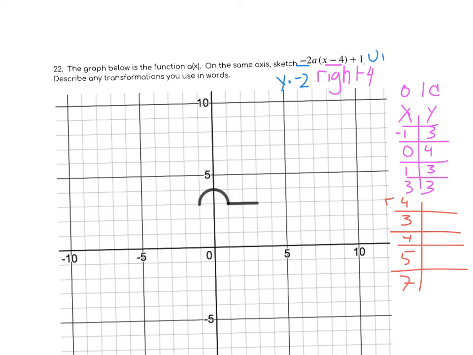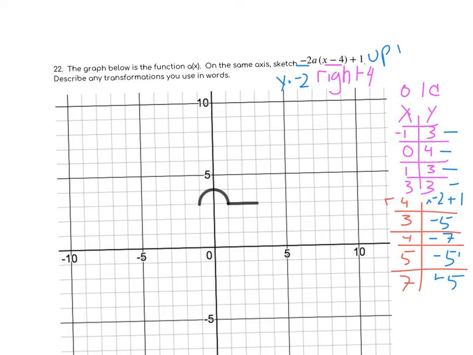And then it's also going to go up 1. So if we think about this as times negative 2 and then plus 1, we have to do the times negative 2 first because of order of operations. 3 times negative 2 is negative 6, plus 1 would be negative 5. 4 times negative 2 is negative 8, plus 1 is negative 7. We already did 3, and it's nice because we have some more points that are there. And we end up at these values.